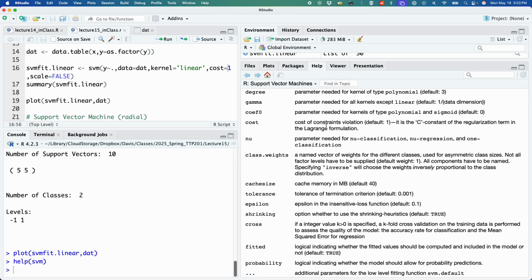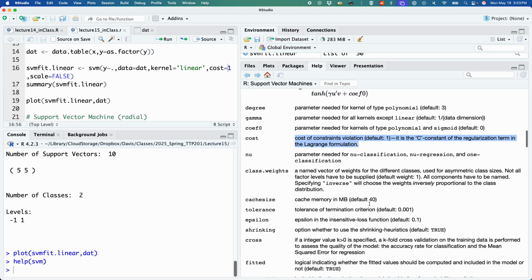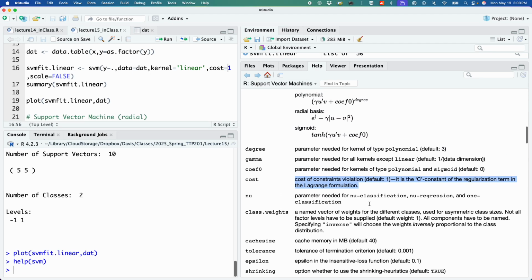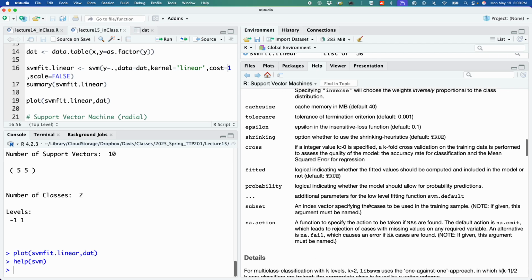So that would not be the C that I'm thinking of then.